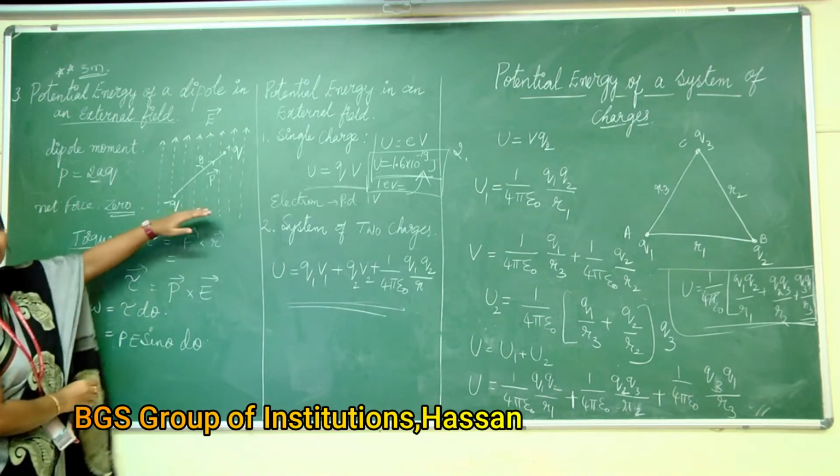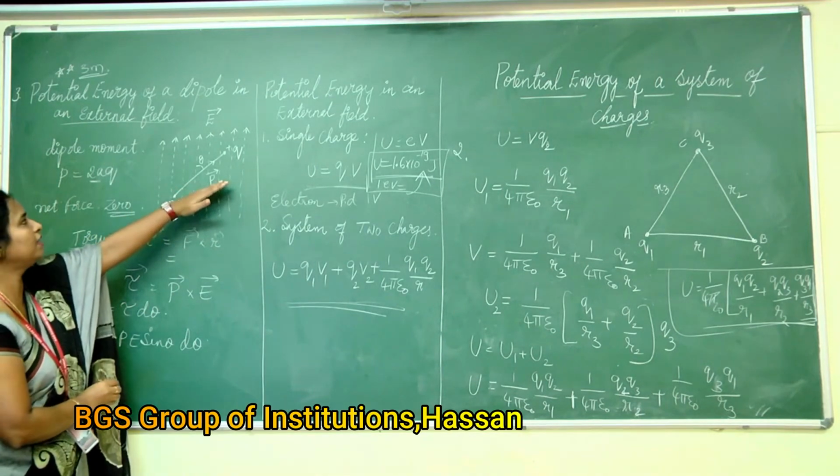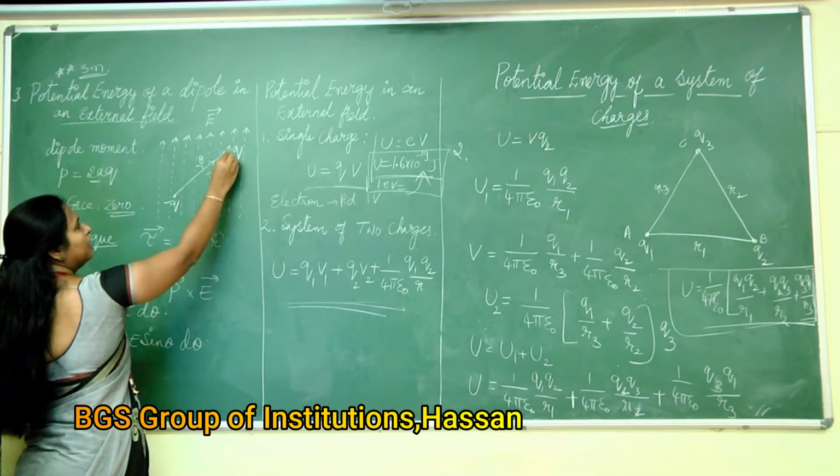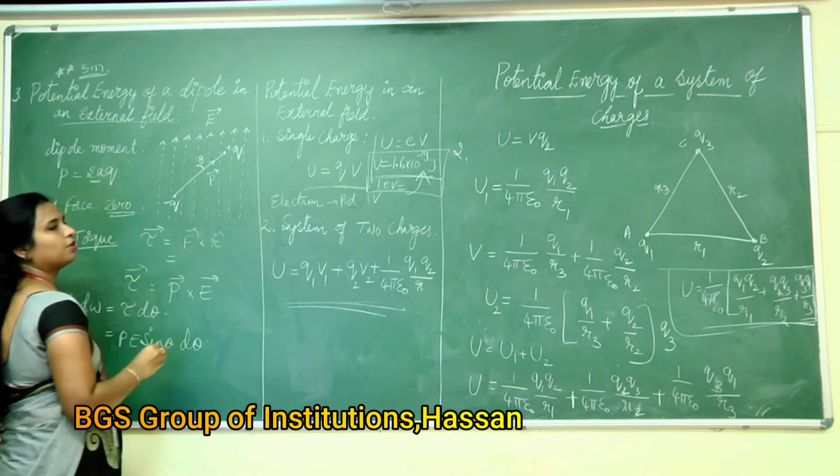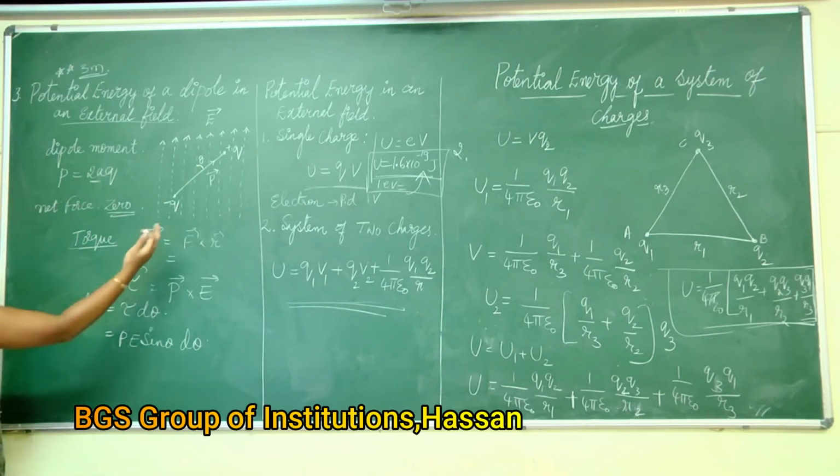because theta 1 is the initial angle and we have to place that dipole at a particular angle in order to get some potential energy out of the dipole.